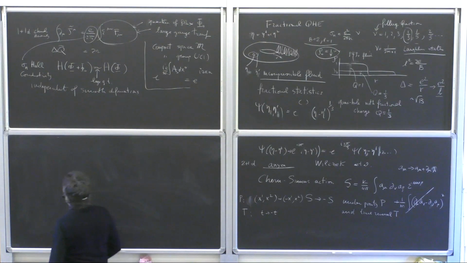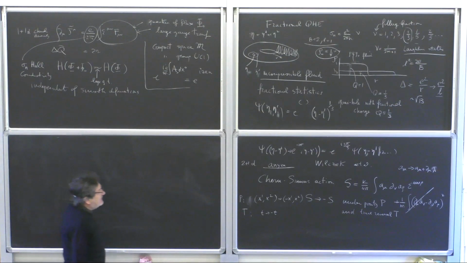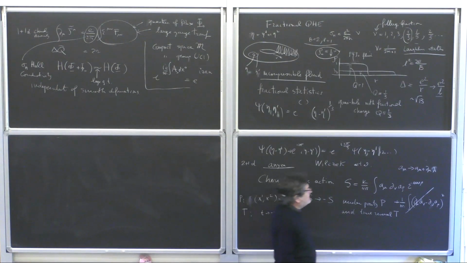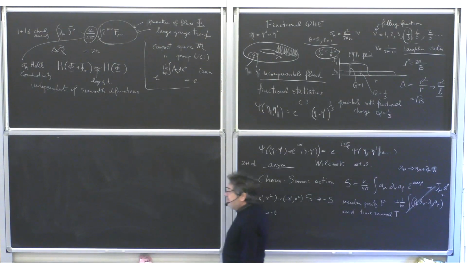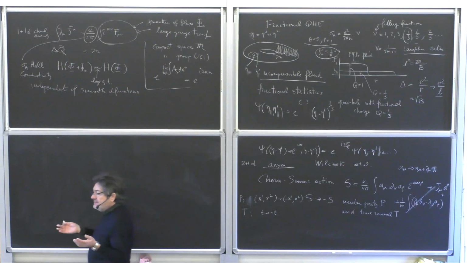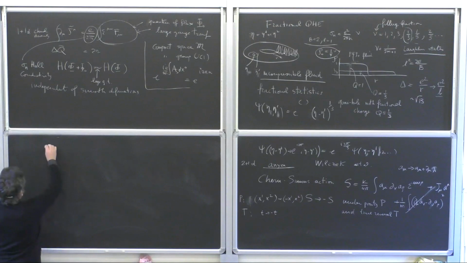So let's suppose that I add some static source. I put some current J^mu, which will be an external source like a test particle, for example the current of a test particle which is sitting at a point.